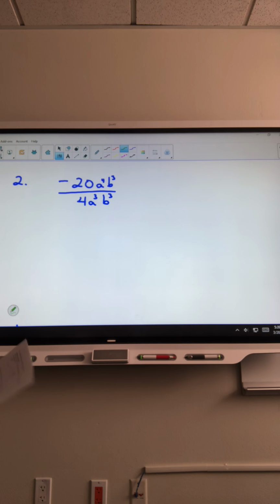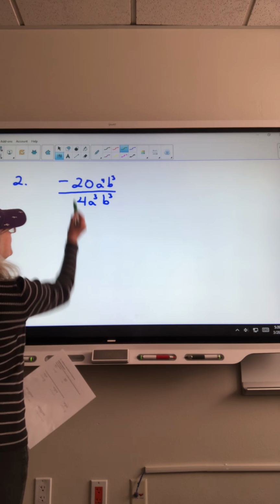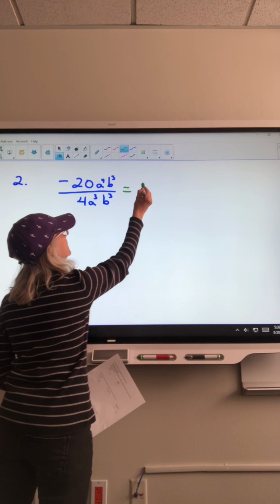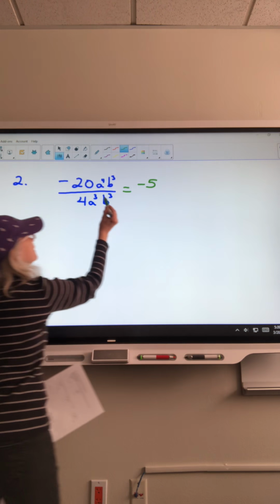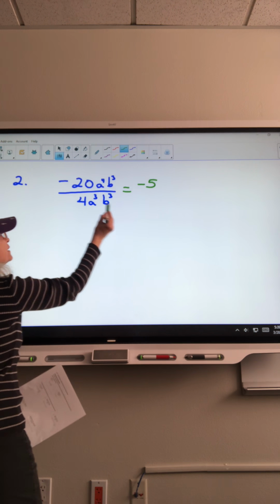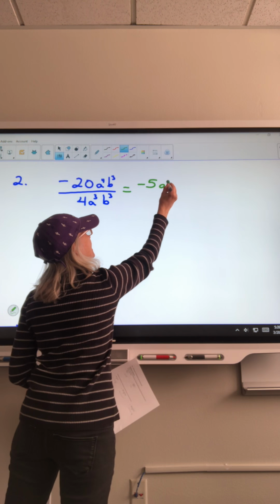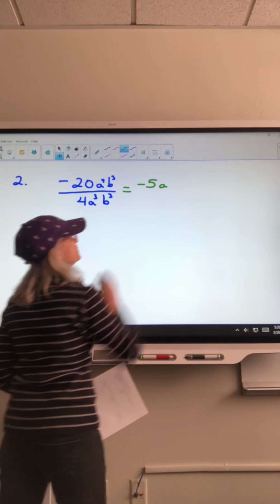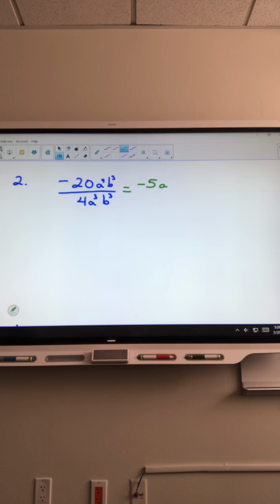Okay, let's see how you did. So we'll start with the numerical part. A negative 20 divided by 4 is going to be a negative 5. 4 take away 3 is 1a, or a to the first. You don't really need to write that 1, so I'm not going to. So a negative 5a.